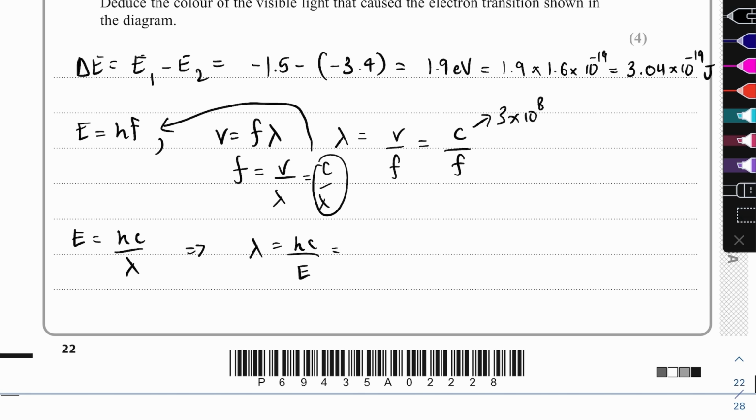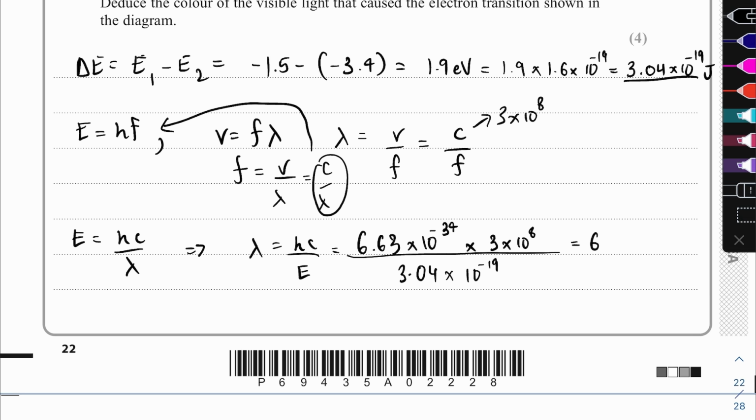So now we just have to substitute in the values. What's Planck's constant? It's 6.63 multiplied by 10 to the power of negative 34 multiplied by c, which is 3 times 10 to the power of 8 meters per second, and we know the energy, which is 1.9 electron volts, which is 3.04 multiplied by 10 to the power of negative 19. So putting this in the calculator, what do we get? We get 6.54 times 10 to the power of negative 7 meters.